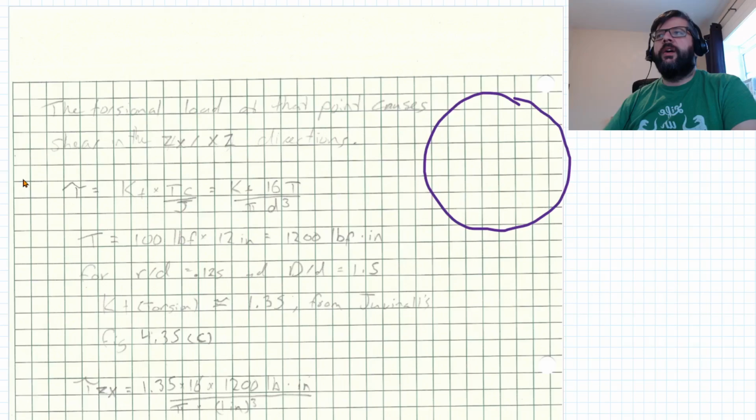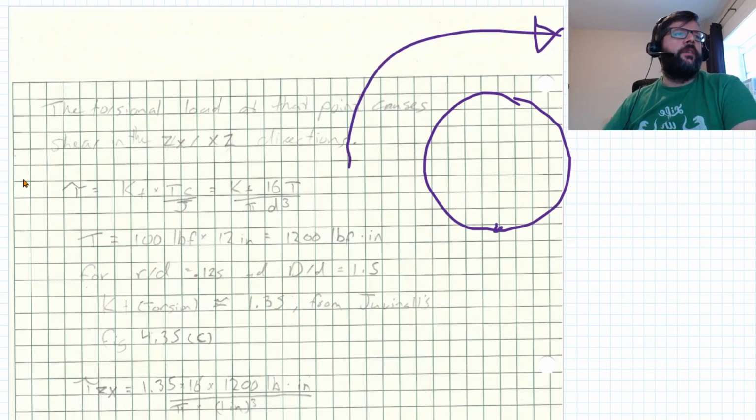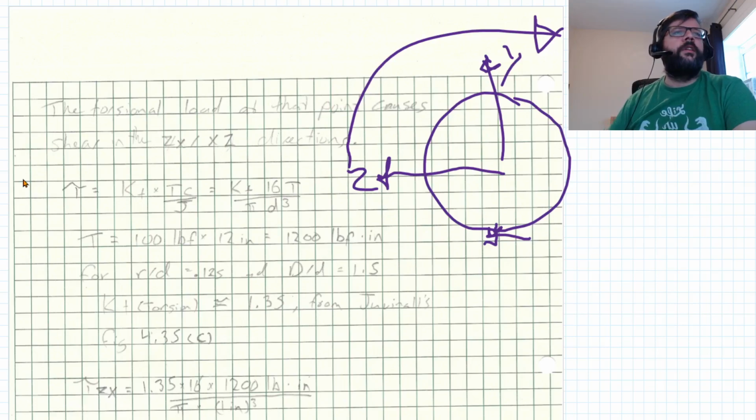This is the positive X face when we take that little cross section, and we're applying a twist in this direction. So we're pushing that face this way, which, as you will recall, is the positive Z direction.